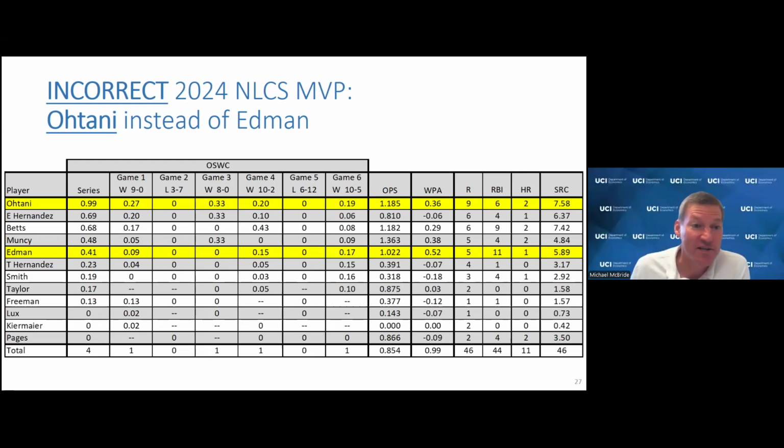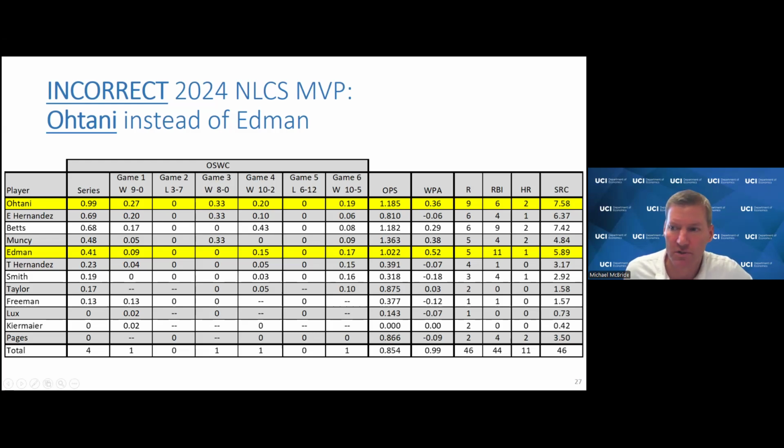Yeah, good catch. So this is a key feature of OSWC. You're only going to get OSWC if your team wins, because you only win when you win, right? But SRC is for the entire series. That includes the losses. All of these numbers over here, this whole part of the table, this is all wins and losses, the total.